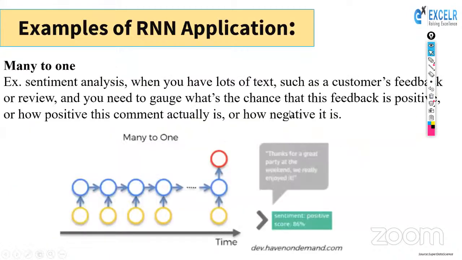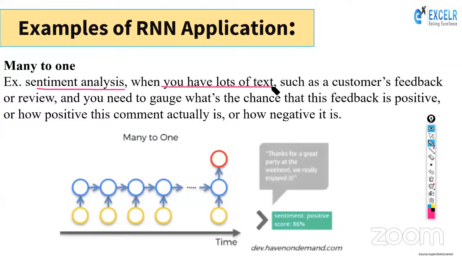Let's see another application. There is something called a many-to-one application of RNN. In many-to-one, we have multiple inputs, but only one output. One application of this many-to-one mapping is sentiment analysis. When you have a lot of text, such as a customer's feedback or review, you need to gauge the chance that the feedback is positive, how positive or how negative it is.